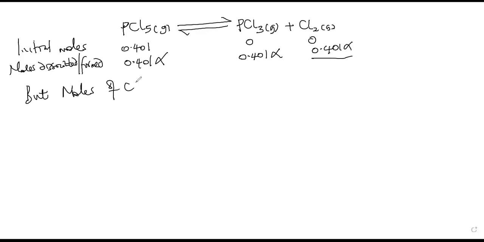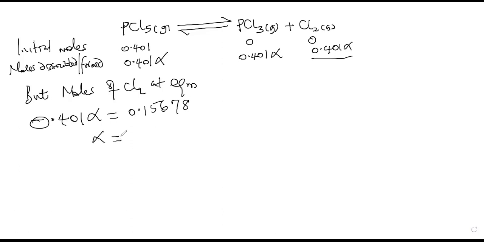So moles of chlorine at equilibrium, 0.401 alpha, is equal to the moles we got, 0.15678. So you divide by 0.401 and get alpha as 0.391.